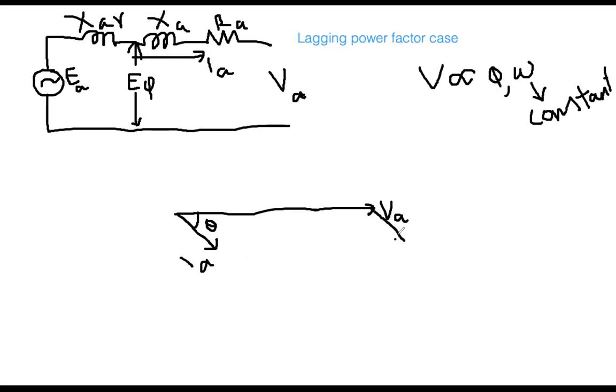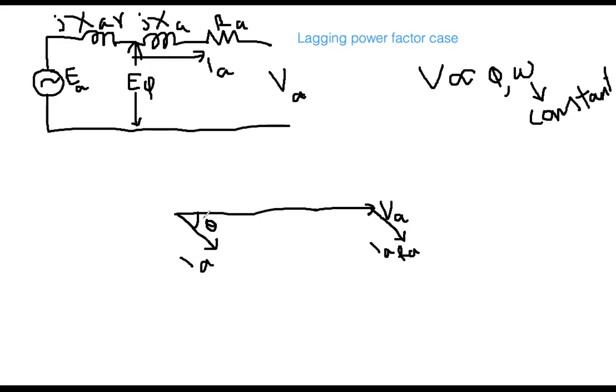This portion is IA multiplied by RA. This is the voltage drop, and from its tip I added this IARA drop. And then what else? IA times jXA. So now I have to add this drop, IA multiplied by jXA.